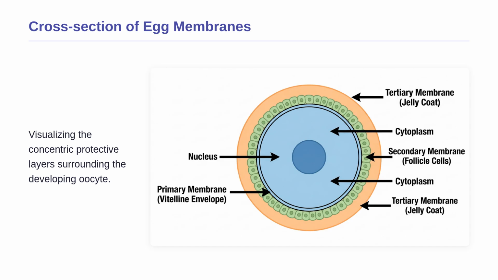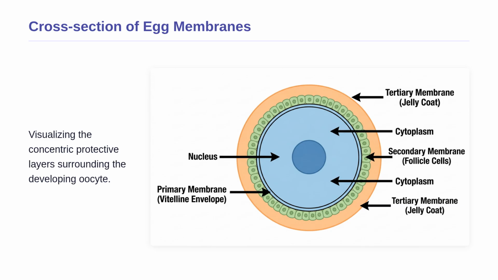Having discussed the three layers, let us visualize them together in this cross-section diagram. Right in the center, you can see the nucleus and the cytoplasm, which make up the core of the oocyte. Immediately surrounding the oocyte is the primary membrane, labeled here as the vitelline envelope.